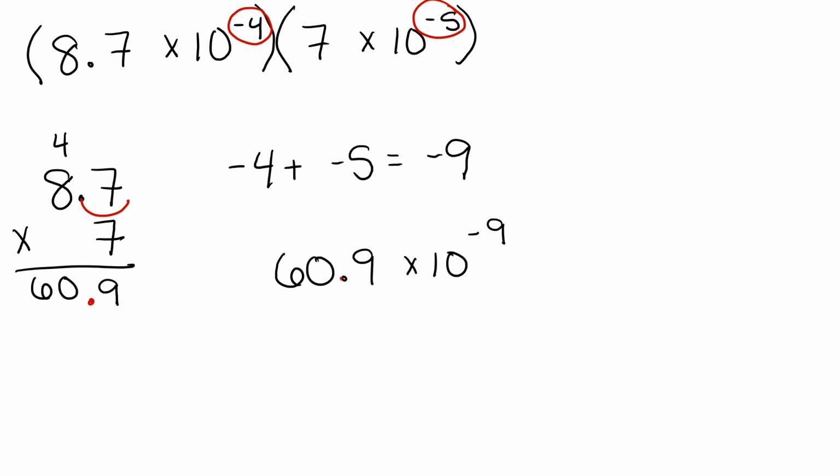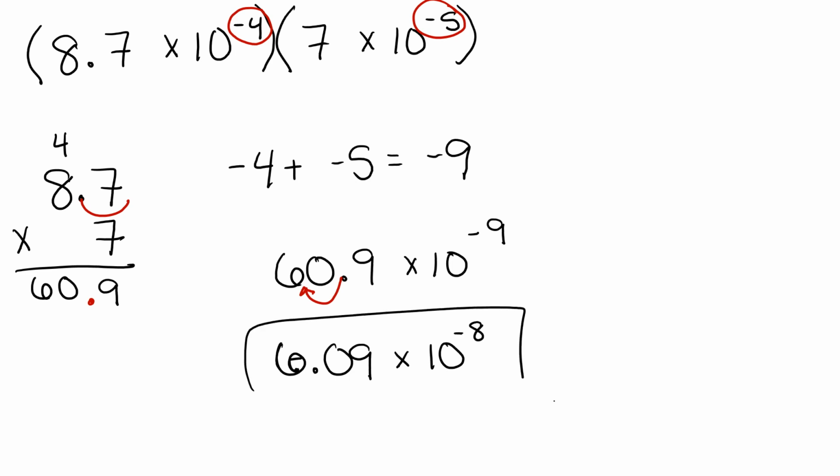Remember, the decimal point always goes towards the front, so it goes between the first numbers, 6 and 0. We rewrite our answer as 6.09, again, always times 10, and our negative 9 moves up to a negative 8. 6.09 times 10 to the negative 8th is our final answer.